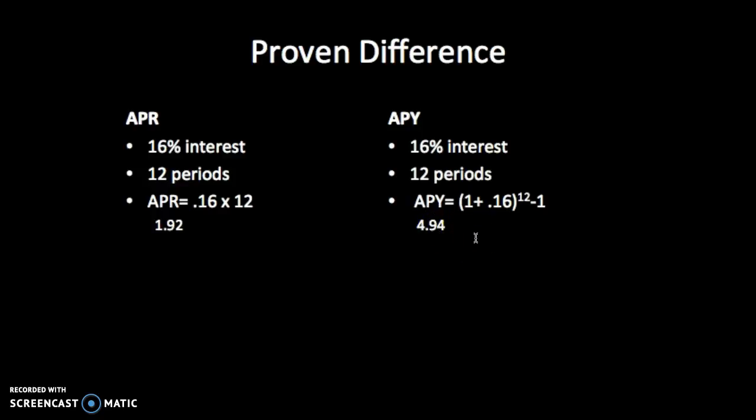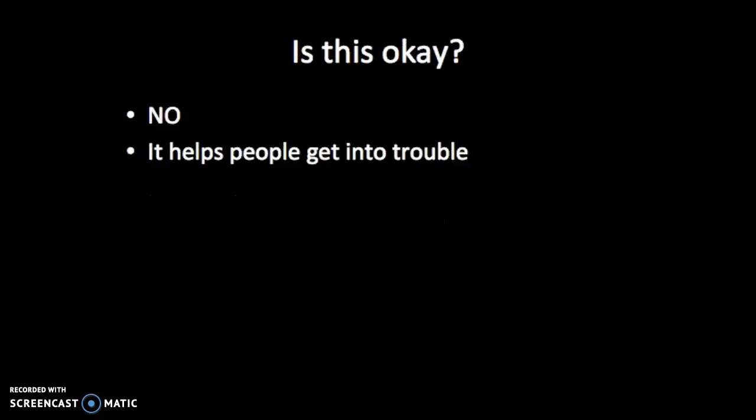This makes it harder for people to budget correctly. This makes it harder for people to save, and it makes people not understand exactly what they're getting into, which is not fair when they are trying to start a new adventure in their life and they just don't understand exactly what's going on.